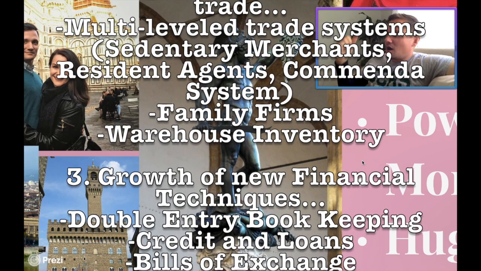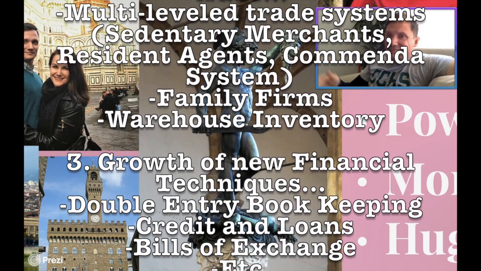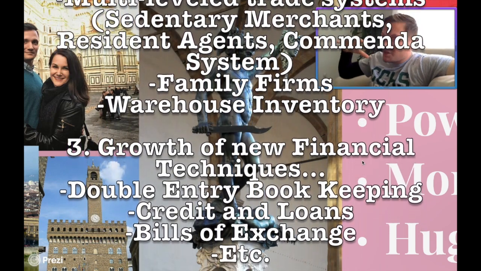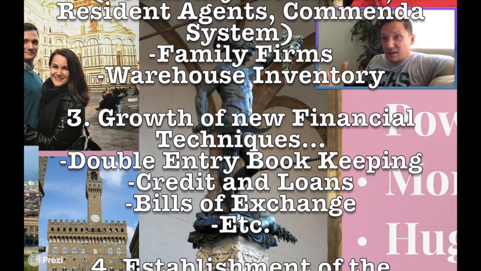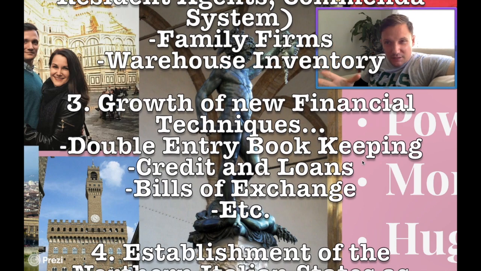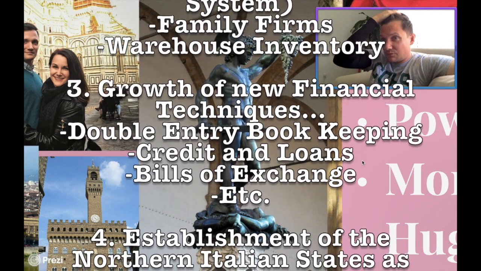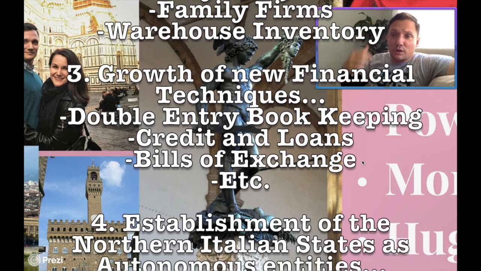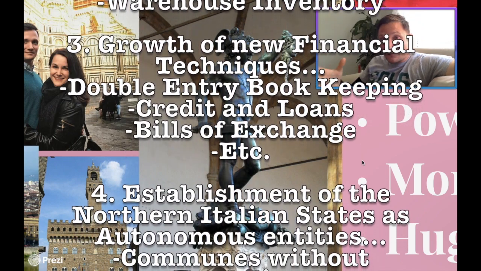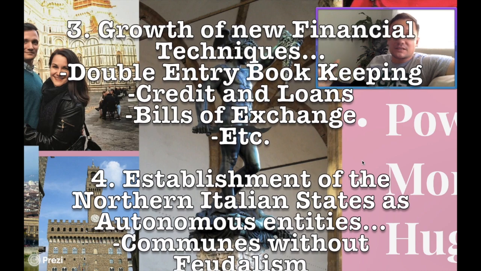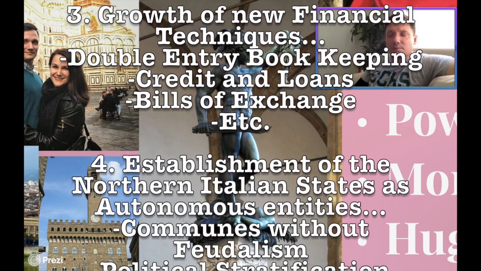We talked about double entry bookkeeping, credits and loans, bills of exchange, and how the resurgence of money, especially into northern Italy, particularly out of Venice and radiating from that area, is going to see the growth of the Renaissance because of the massive amounts of funds coming back to Europe that had been very absent during the Middle Ages.